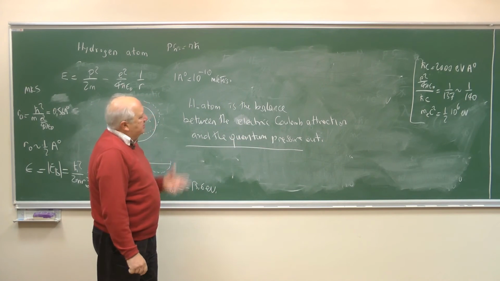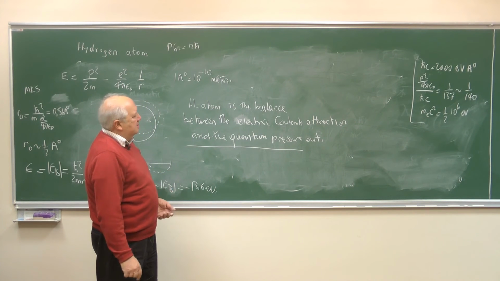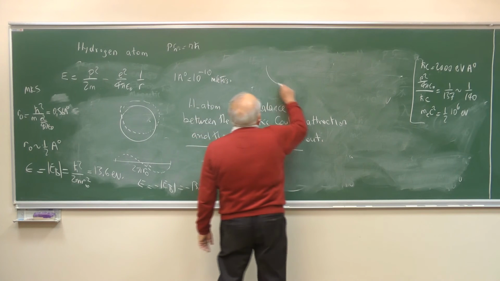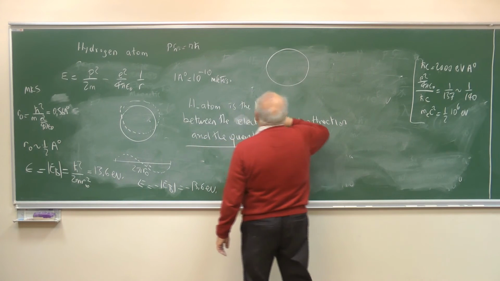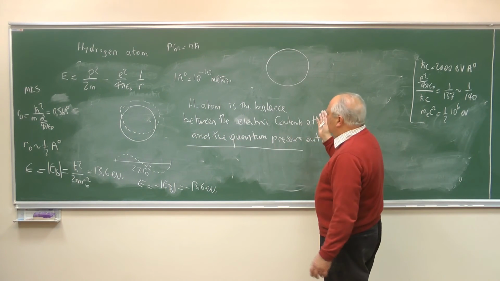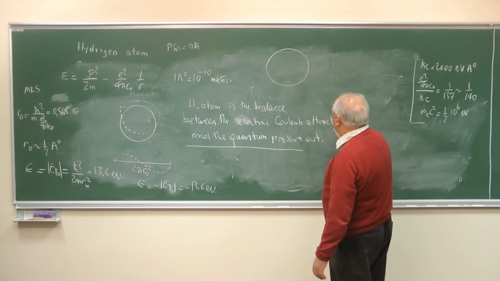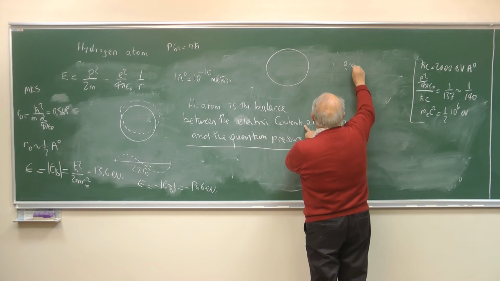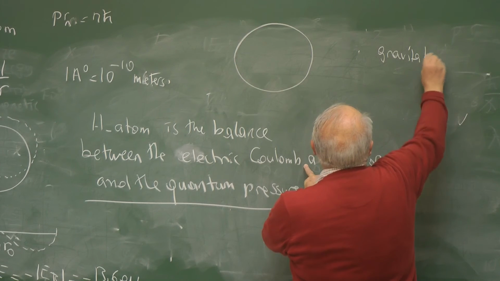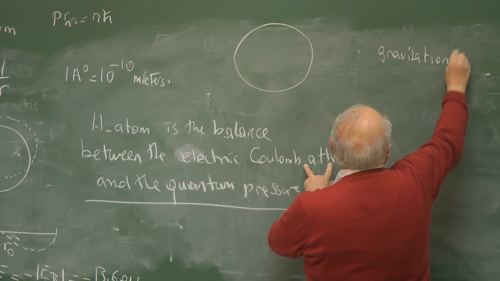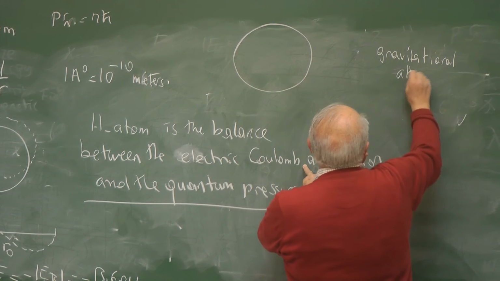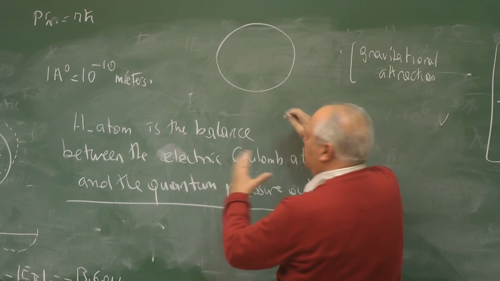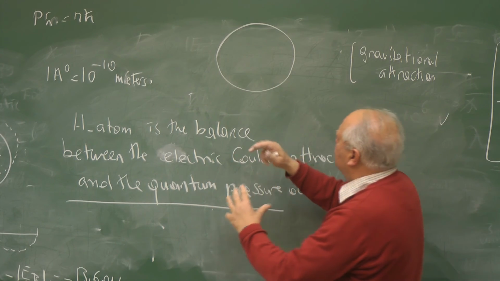Another example is the stars. For example, our sun is a star. The star is a balance. Instead of Coulomb attraction, there is of course the gravitational attraction. That's what pulls the star toward the center.